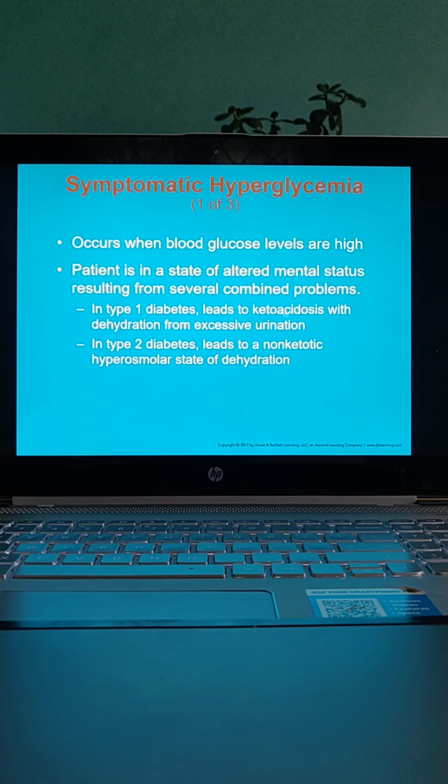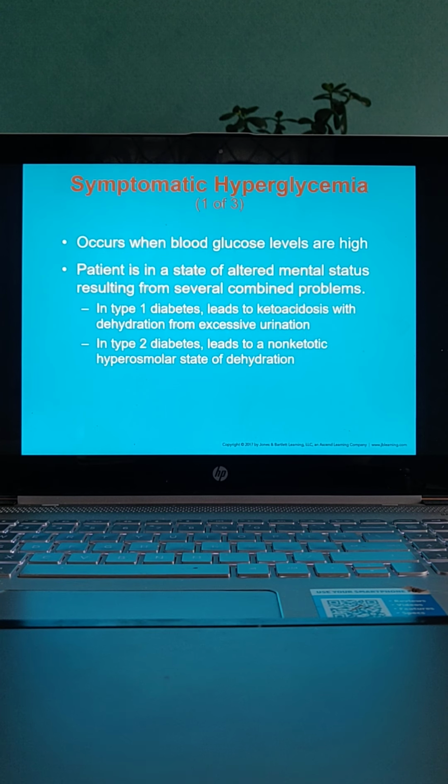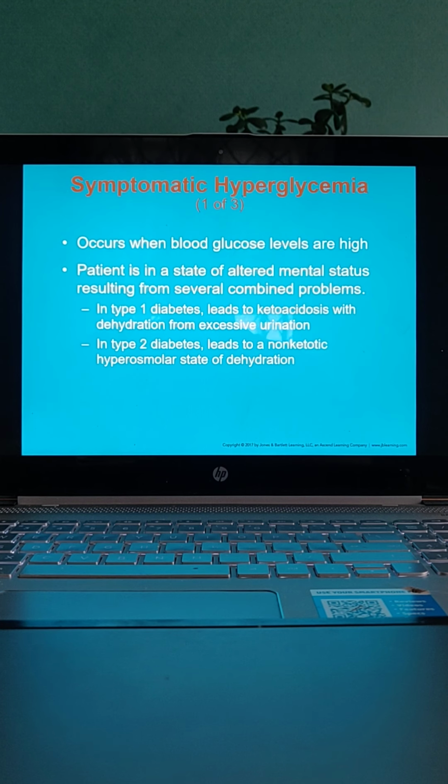Symptomatic hyperglycemia occurs when blood glucose levels are too high. We know that. Patients are in a state of altered mental status resulting from several combined problems. Type 1 diabetes leads to ketoacidosis with dehydration from excessive urination, like I said. And type 2 diabetes leads to a non-ketotic hyperosmolar state of dehydration.